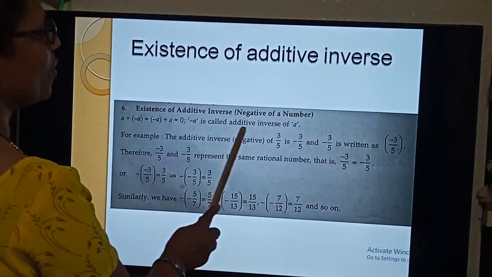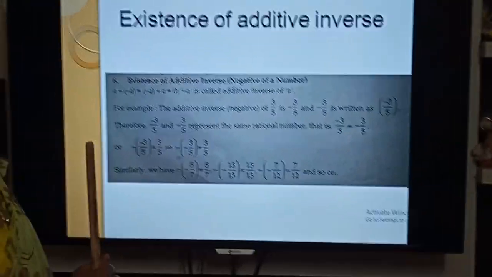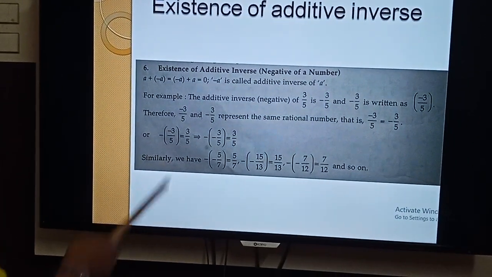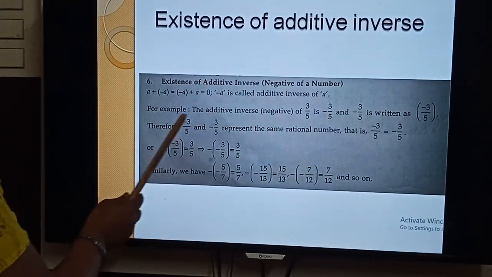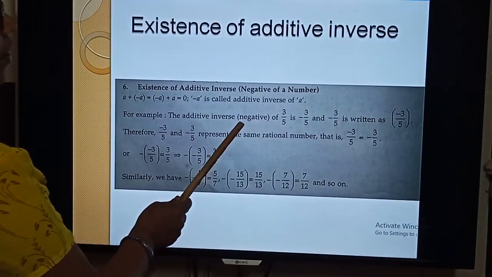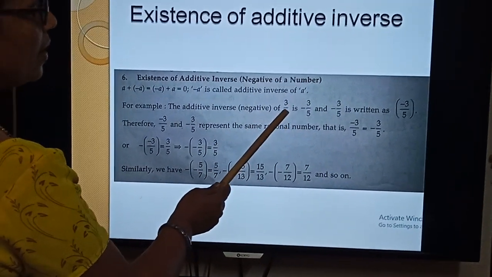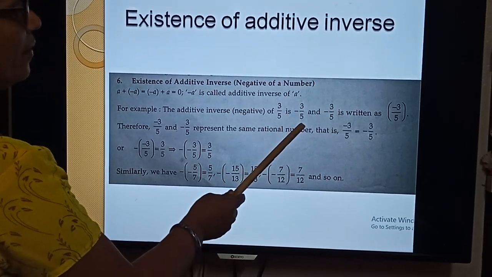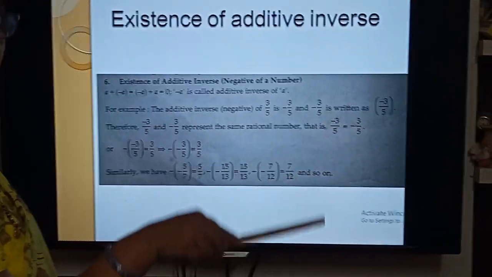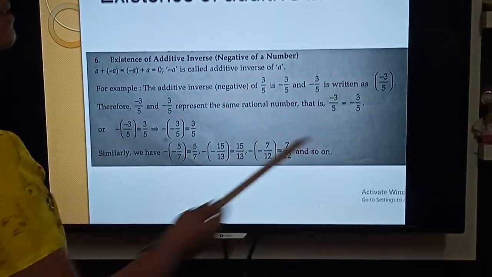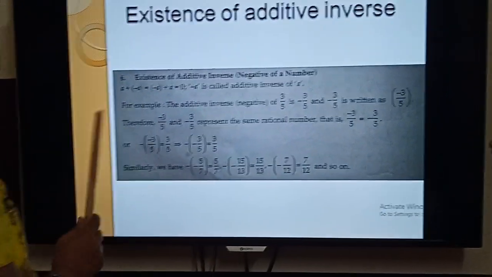Hence, minus A is called the additive inverse of A. Here is an example you can see. The additive inverse or negative of 3 by 5 is minus 3 by 5. If the given number is minus 3 by 5, its additive inverse is 3 by 5. Okay.